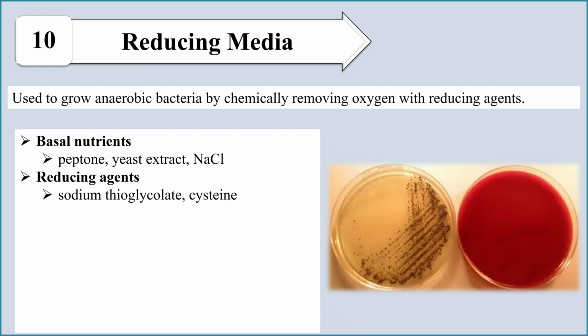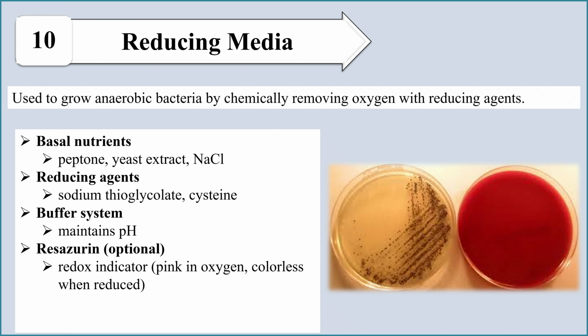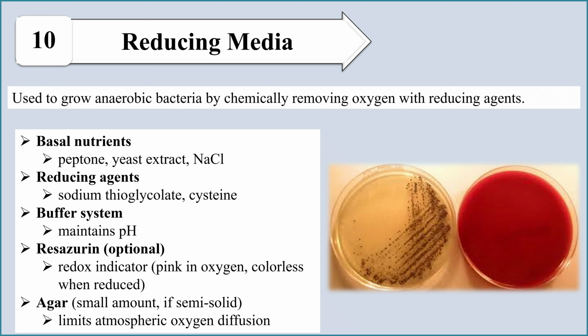The reducing agents are sodium thioglycolate and cysteine. A buffer system maintains the pH. Resazurin is optional; it is used as a redox indicator. And agar provides the semi-solid medium, as it limits the atmospheric oxygen from diffusing into the medium.